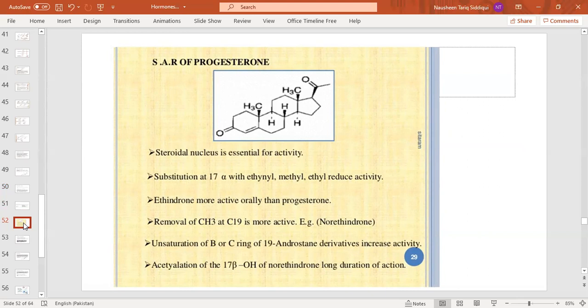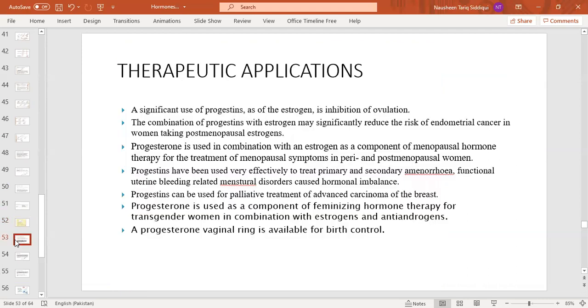Removal of the methyl at C19 makes it more active, while unsaturation of the B or C ring of the 19 androstenedione derivative increases the activity, while acetylation of the 17 beta hydroxy of norethindrone prolongs the duration of action.